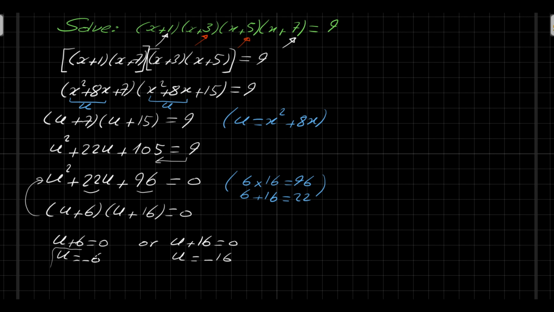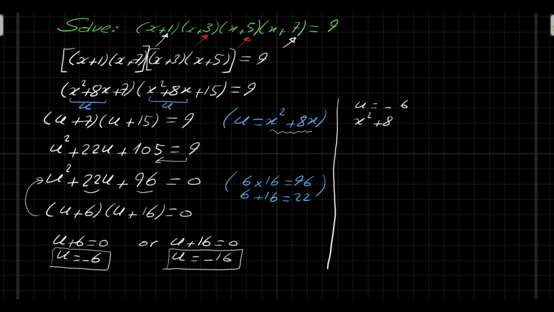Now let's go back and find the value for x. Remember, u is x squared plus 8x. So first, for u equal negative 6, this implies x squared plus 8x equal negative 6, which means x squared plus 8x plus 6 equal 0.